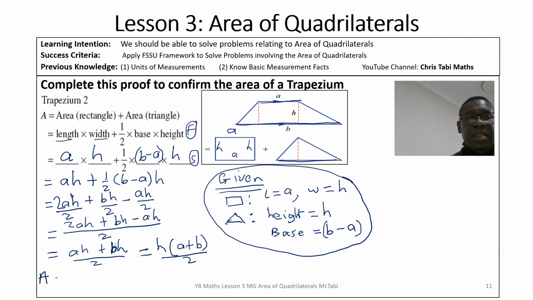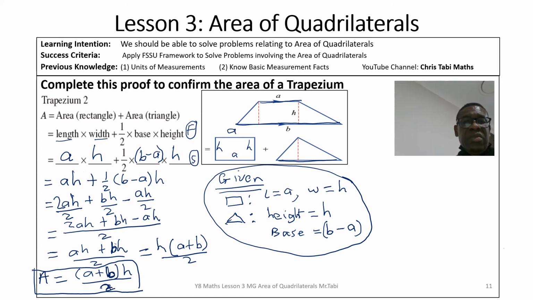Can you see that? Because all that I need to do is put the H at the back here. That's all. So this is the same as A plus B multiplied by H over 2. And that's the area of the trapezium. Confirmed.